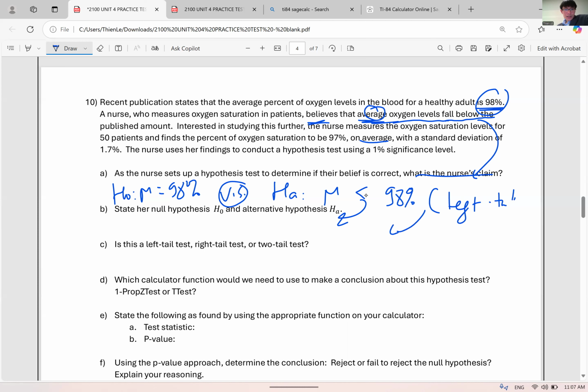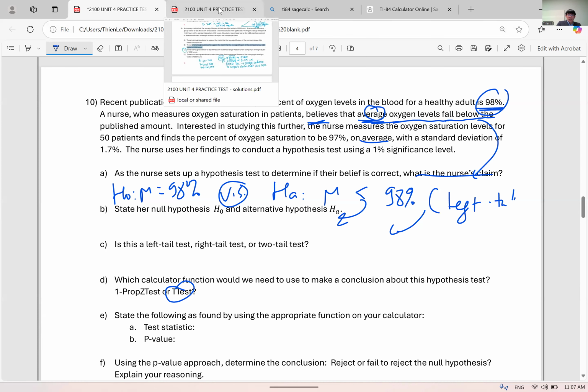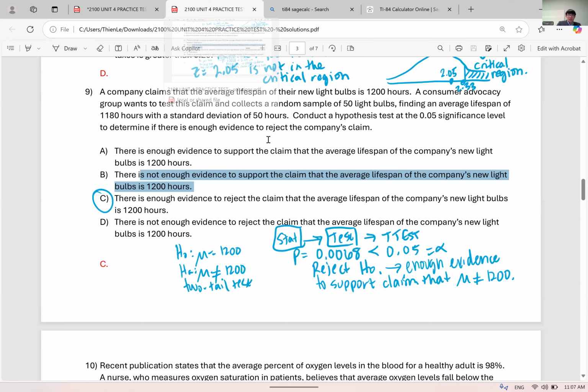From that, which calculator function do you use? It talks about percentages, but it is the average of saturation, so the unit is percent, but it should be t-test. So if you use the correct one, A will be followed. You can plug into your calculator with the t-test all the measurements here.